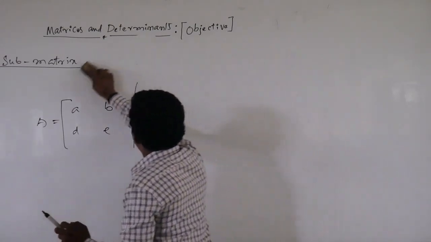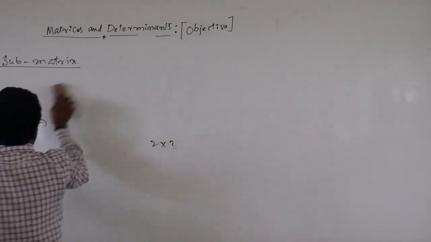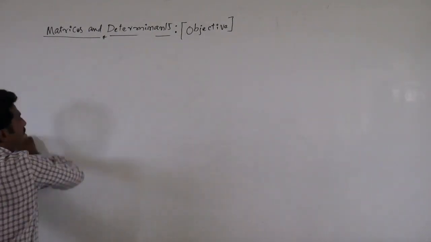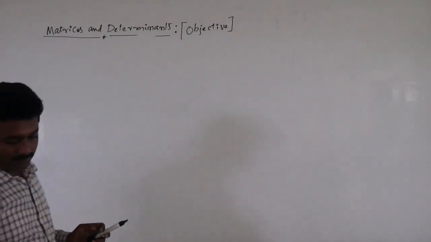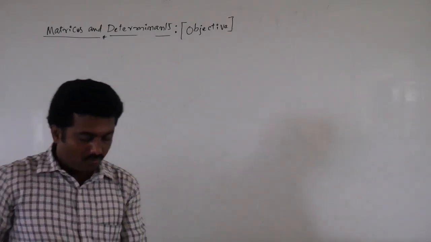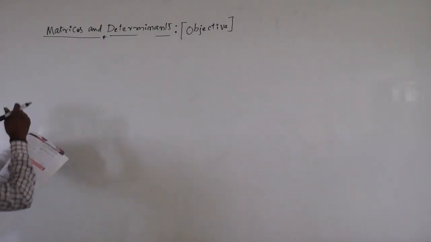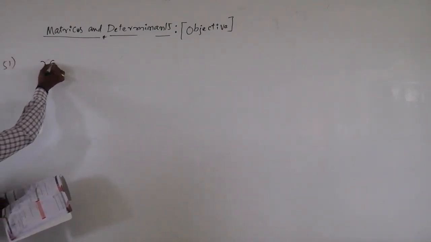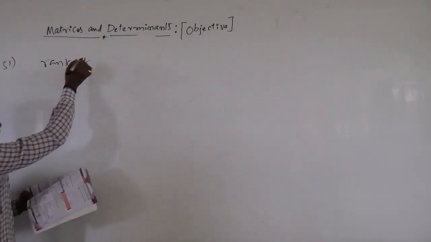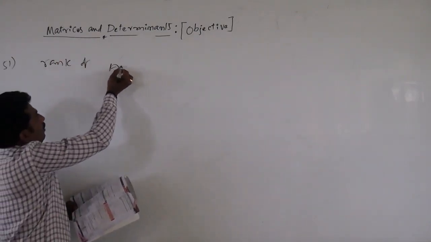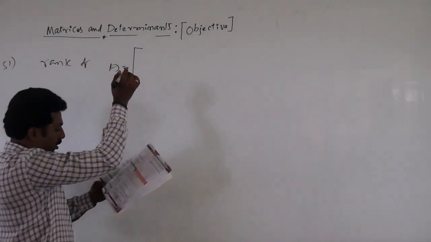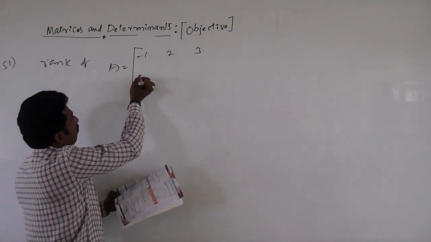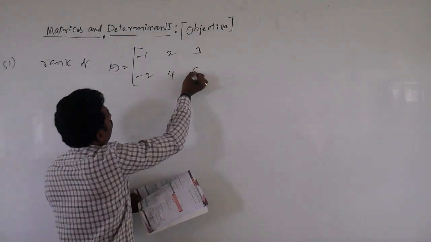Next, we see some problems based on the rank of the matrix. Problem 51: what is the rank of the matrix A equal to minus 1, 2, 3, minus 2, 4, 6?